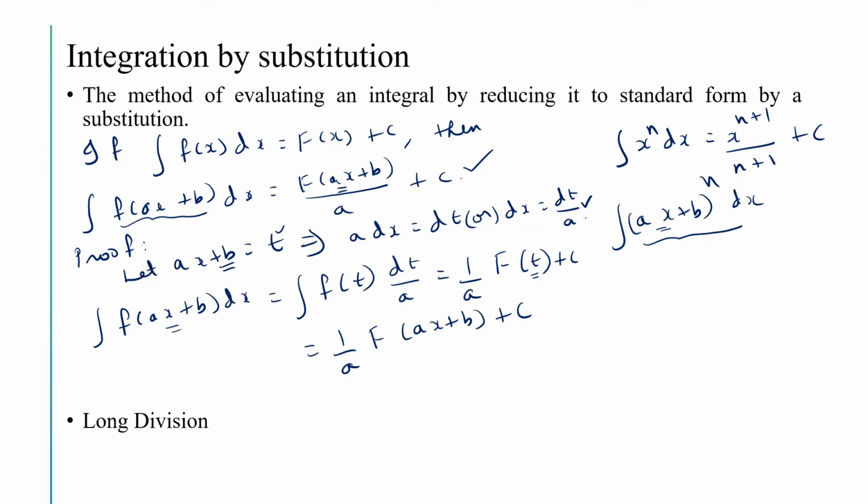This method is called integration by substitution. So here integral ax plus b the whole raised to n dx will be equal to 1 by a into ax plus b the whole raised to n plus 1 divided by n plus 1 plus c. So this is called integration by substitution.